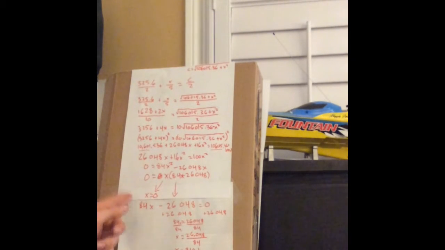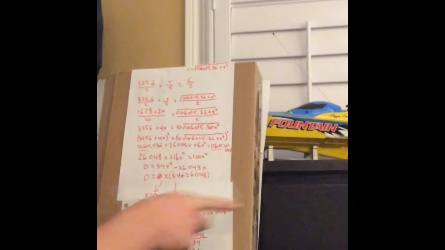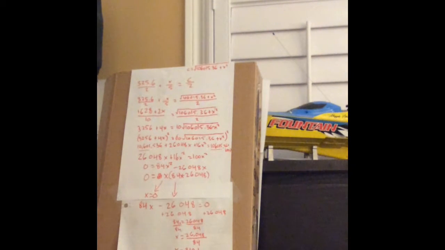So we can get our x equals 0 from the outside, and then for our inside we get 84x minus 26,048. So we have to make that equation equal 0. So we move our 26,048 to the other side, then we divide it by 84 to get x alone, and x equals 310.1 meters, or feet.